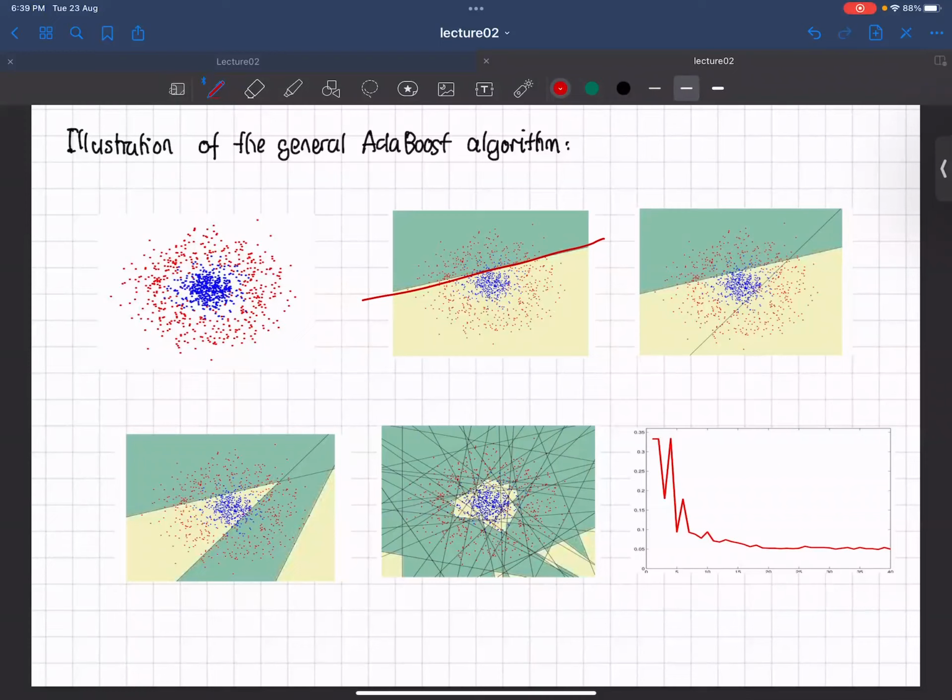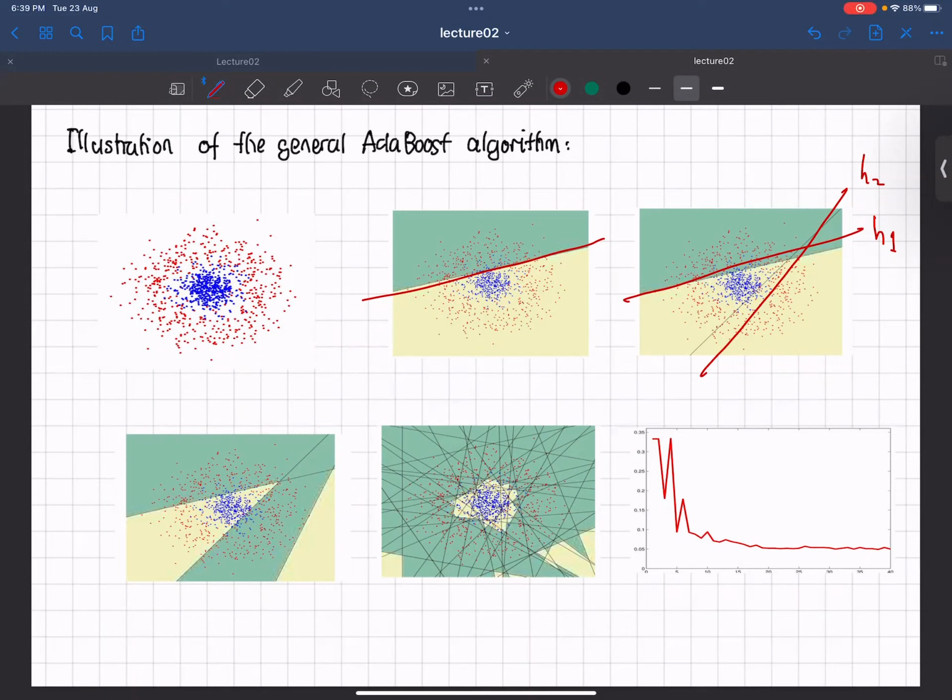And then you have H2, which is weak classifier 2. And so on and so forth, until you have many lines. If you combine the lines, then you will have a much better separation between the red and the blue.